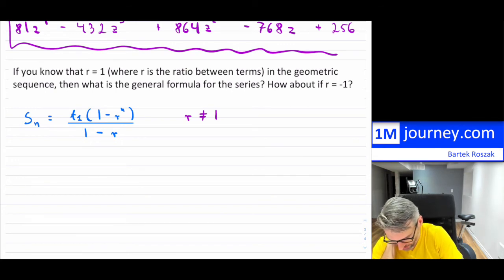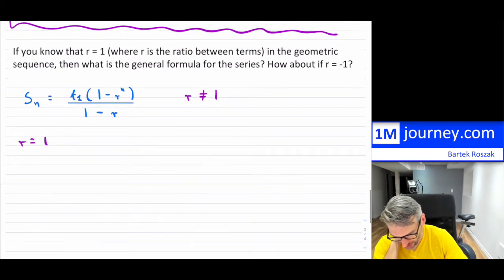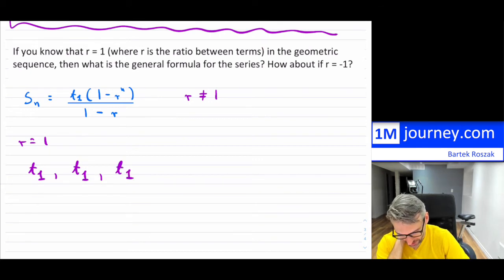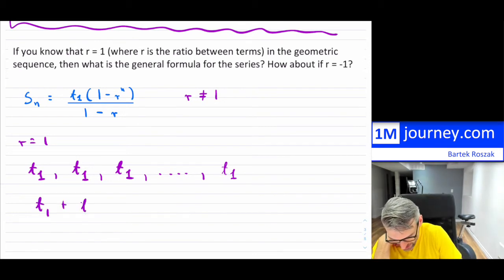So if r is equal to 1, let's see what the formula would look like. You would have your term number 1. Now what does this mean for term number 2? Well, r is equal to 1. So if the ratio is equal to 1, that means term number 2 is also equal to term 1. Term 3 is also equal to term 1, and so on, all the way up to term n. So really what we have is t1 plus t1 plus t1, and so on.